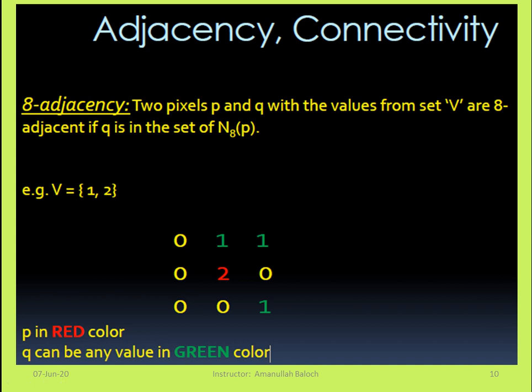Similarly, there is another set V. V is equal to {1, 2}, and for N8 of P, we will consider both the N4 of P and ND of P. Firstly we find the central pixel and which values belong to set V. This is 1, this belongs to V. This is 1, this belongs to V. This is 1, this belongs to V. All the yellow values are 0, and 0 does not belong to V. So we will not consider these 5 yellow pixels.